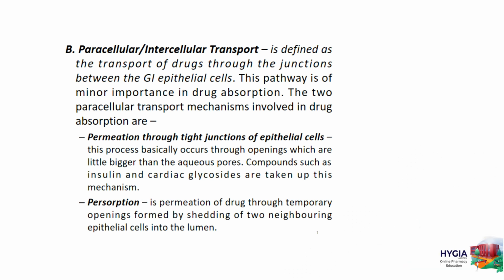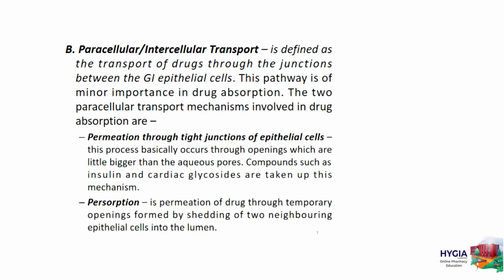Now coming to paracellular transport mechanism. In paracellular transport mechanism, the transportation takes place between the cells through the tight junctions, right? So if the drug is permeating through the tight junction, for example glycosides or insulin, it will be transported through the tight junctions between the cell membranes.